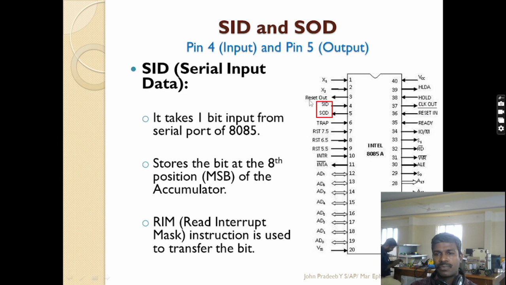The next are the fourth pin and fifth pin. They are used for the serial input data and the serial output data. Each is a 1 bit pin. The serial input is used to store the MSB bit of the accumulator, and the RIM (read interrupt mask) instruction is used to transfer the bits from the serial input.